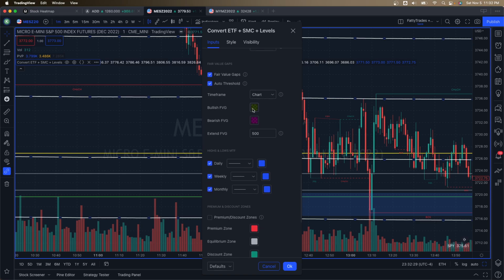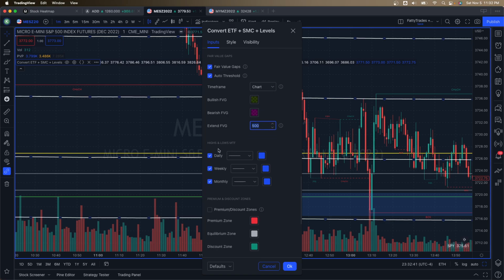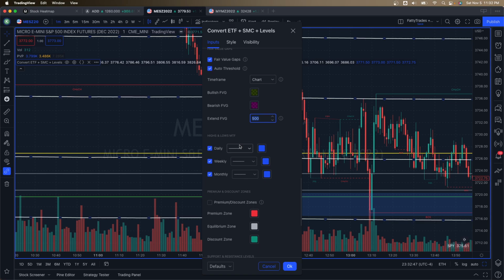I choose to use sort of a greenish yellow for bullish fair value gaps and then a purple for bearish fair value gaps. And I extend it all the way to the right to make sure that they show up as the day progresses. I also like to show highs and lows from different time frames, daily, weekly, monthly, just to know if we're approaching those, because oftentimes those will act as major support and resistance.